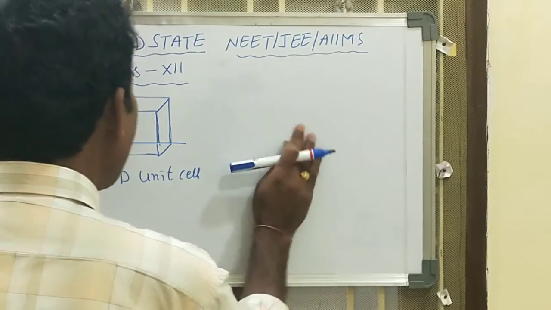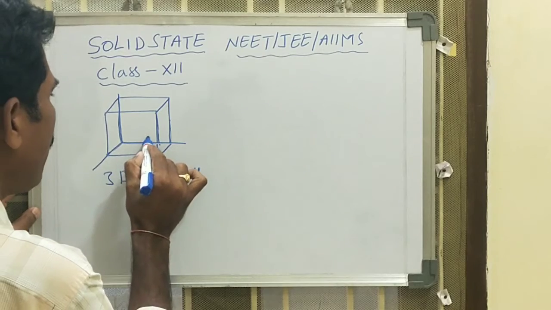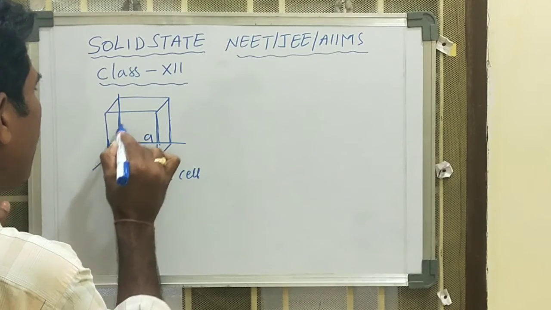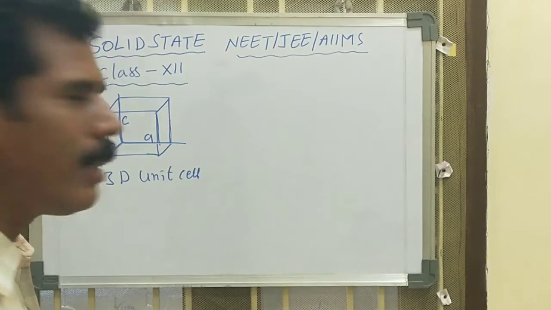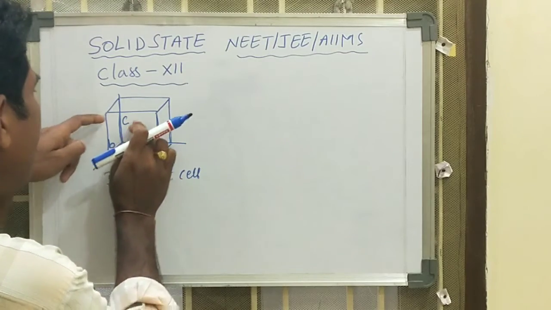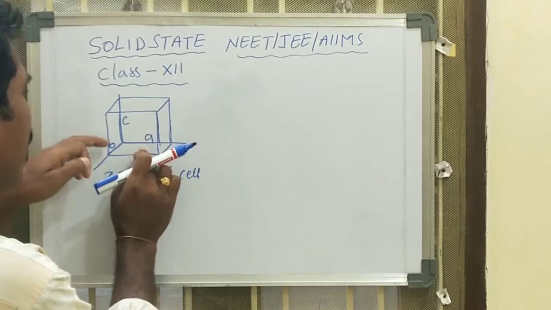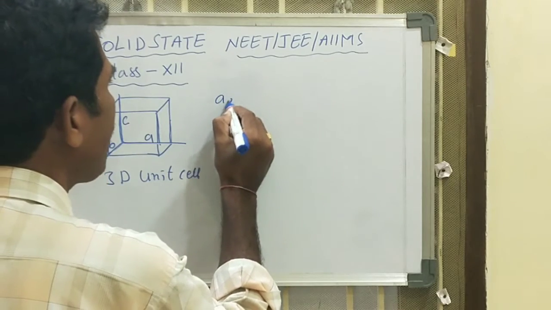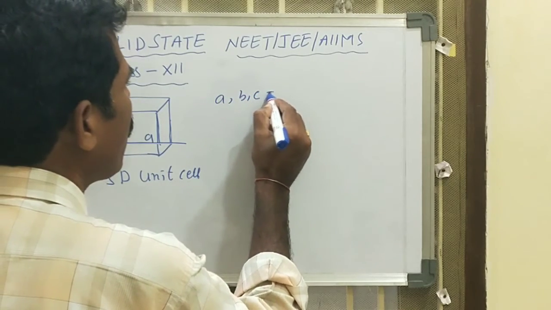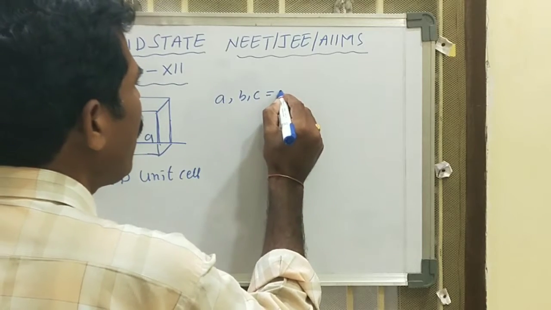Now these three axes are represented by A, B, C. A, B, C are called axial distances.